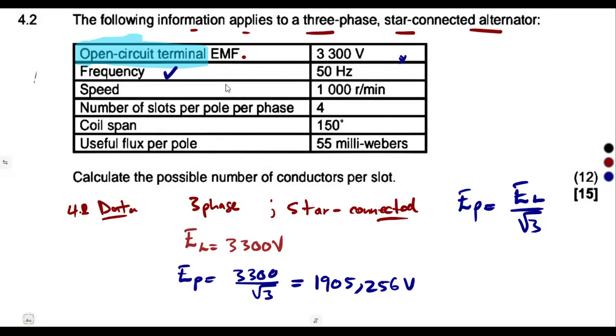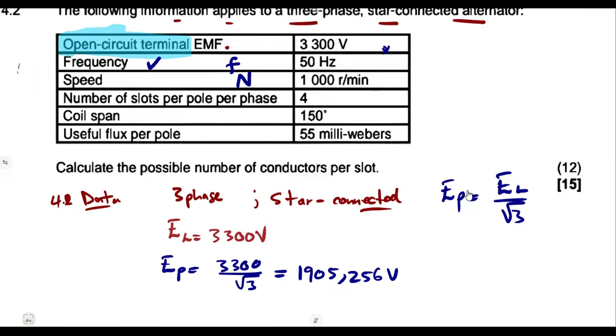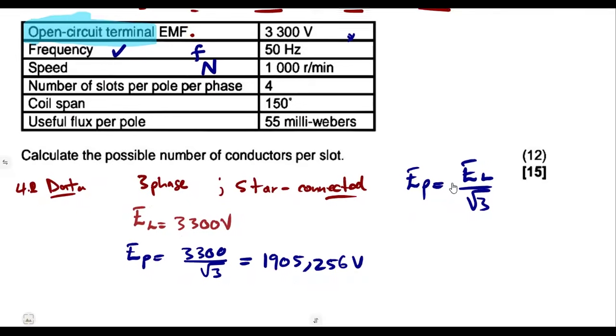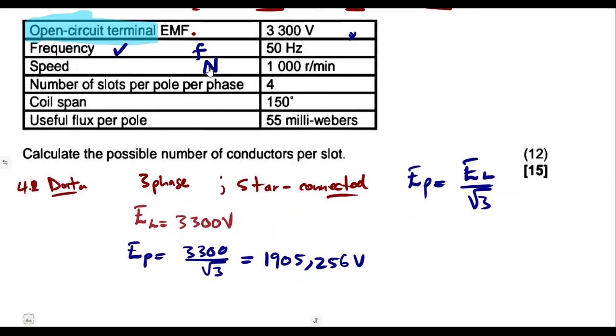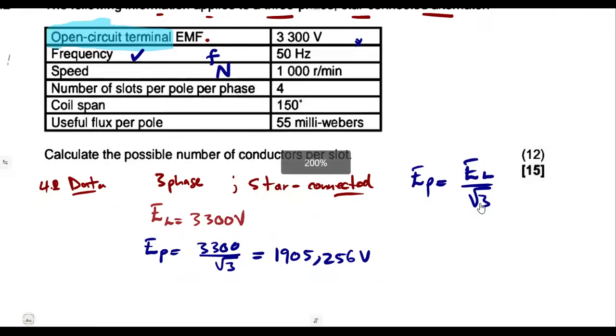We have got the frequency, and we also have the speed. As we can see, we are not given the number of poles or the pair poles. Remember, I said from these two, we can get the pair poles. We did a question exactly like this, but the information was a little different. Anyways, let's see the revision.